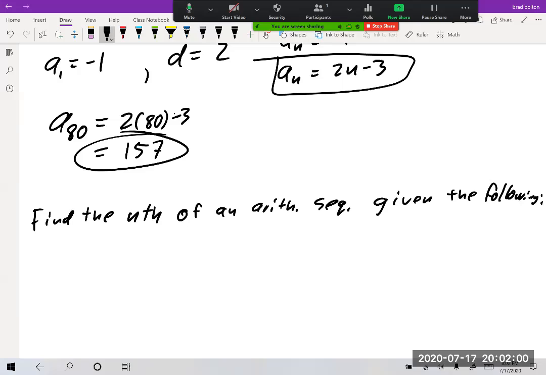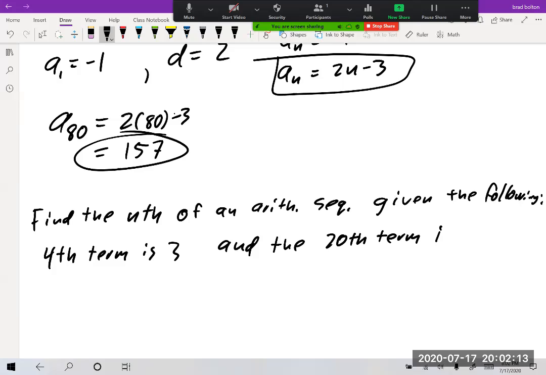Now I'm going to tell you that the fourth term is 3 and the 20th term is 35. So the long way to do this would literally be to try to write out all the terms, try to write out 20 terms, but that's not what we want to do. What we want to do is fall back on our formula.